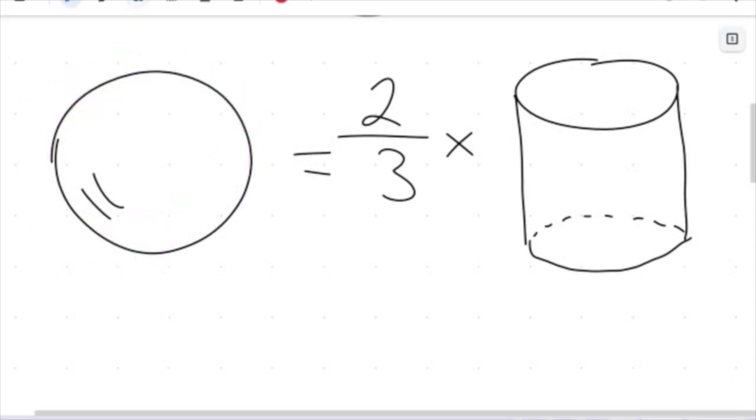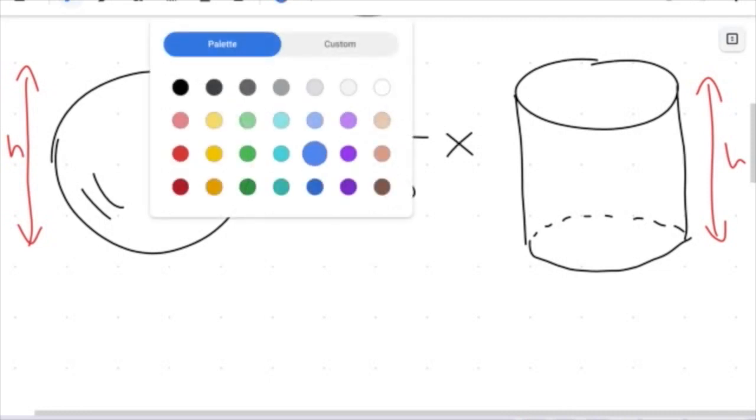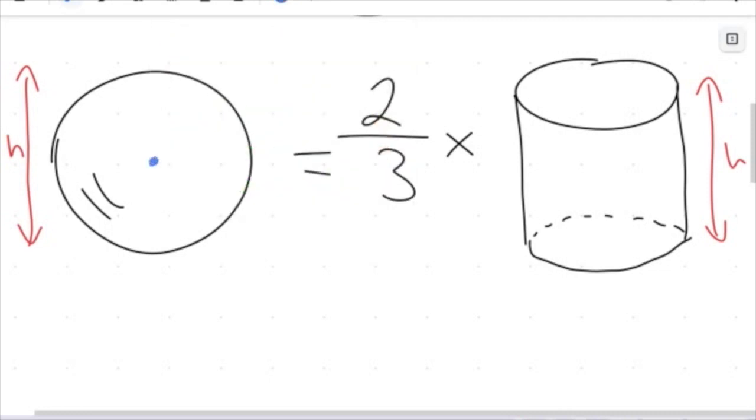Now, this is true in the case that they have the same height. So they both have the same height h and the same radius r. So going from the middle out to some end and the middle out to some end here.